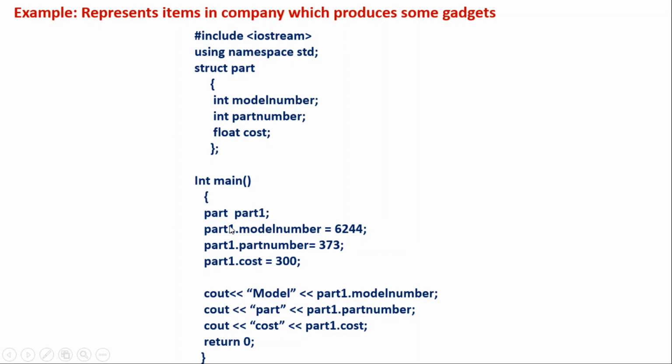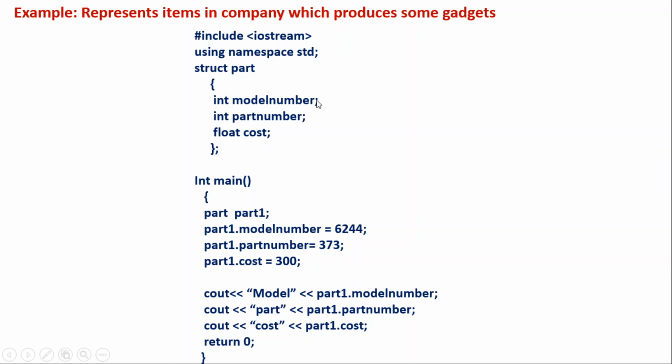So again I repeat that part 1 is actually a variable of the structure part, and when you define this, part 1 also has these three members, model number, part number, and cost.